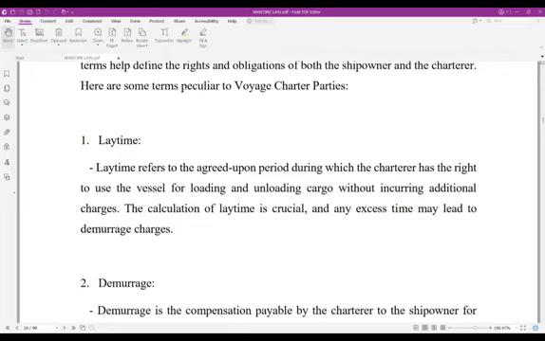The calculation of lay time is crucial, and any excess time may lead to demurrage charges. Simply put, it is that agreed upon time during which the charterer has the right to use the vessel for loading and unloading cargo without incurring additional charges.